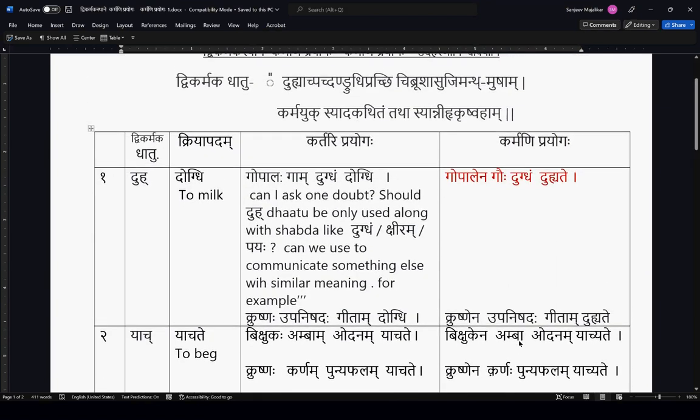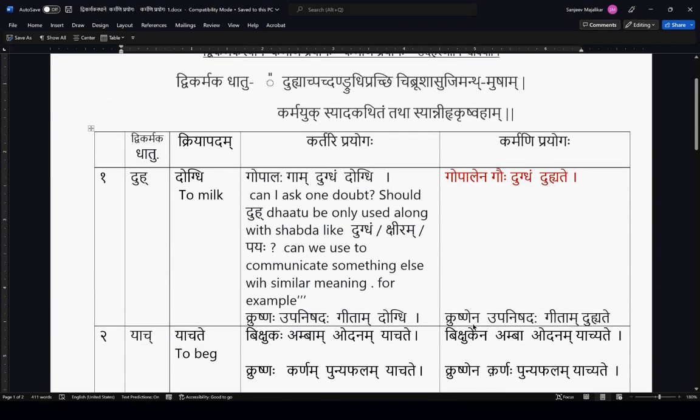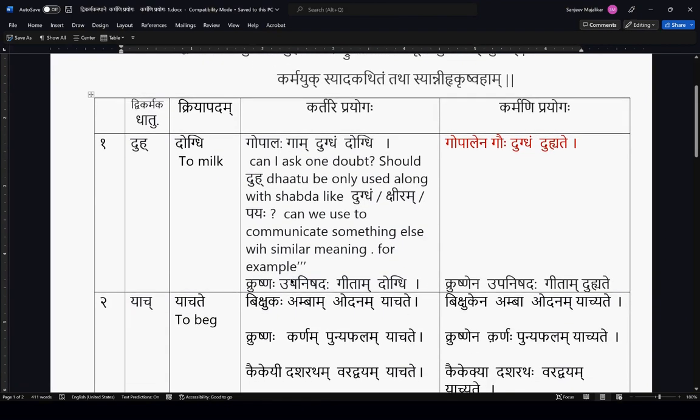One thing to note here: I have seen in some homework examples Gopalaha Gam Dogdhi, or this Krishnaha Upanishadaha Gitam Dogdhi. In these examples, we are saying that gam is in dvitiya vibhakti, and originally in an alternative case, it would be apadana karaka and panchami, right?